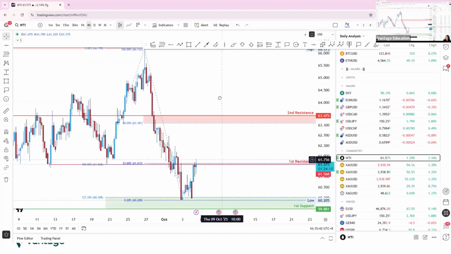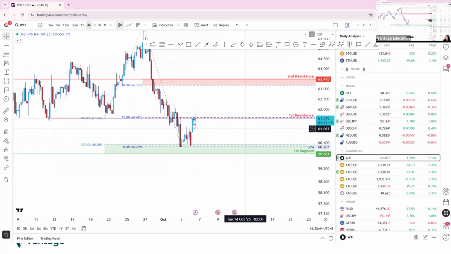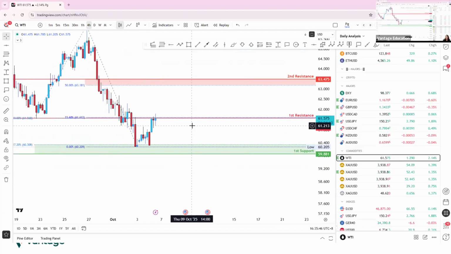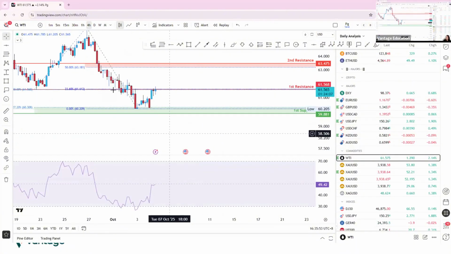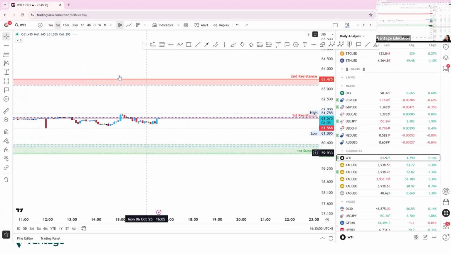Okay, the WTI is now at the resistance. I think it likely might react. Let me see the confirmation.